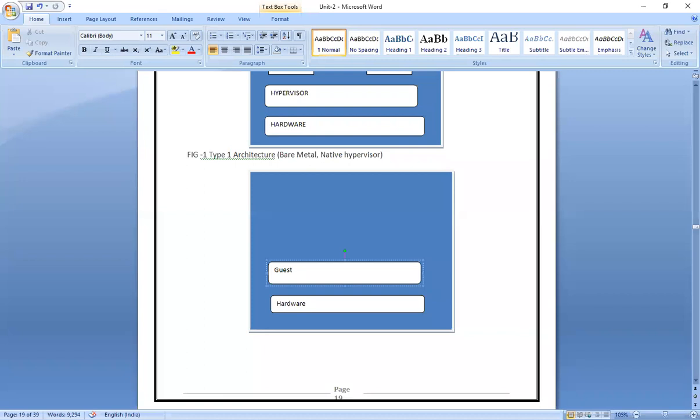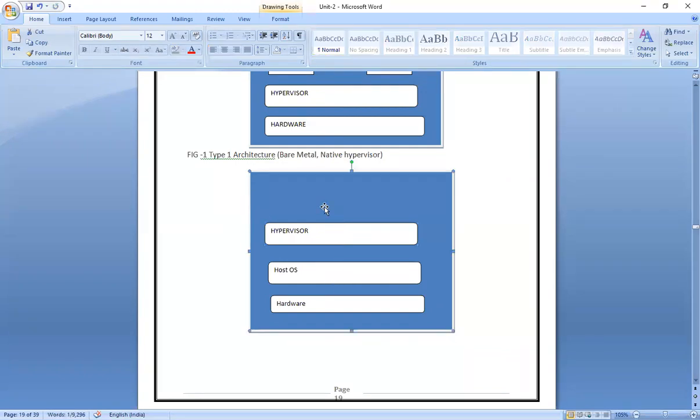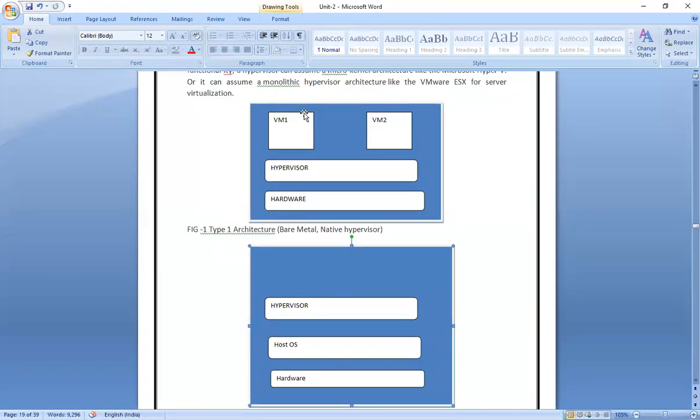we can say that on the hardware we have an operating system, which is the host operating system, and now this hypervisor will be installed on the host operating system. When the hypervisor is installed, we will create different virtual machines.